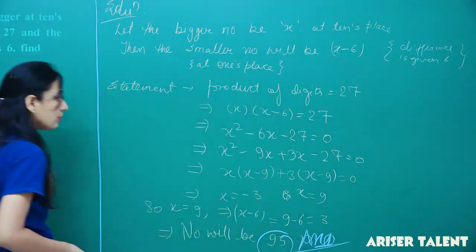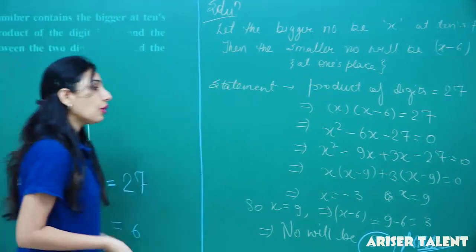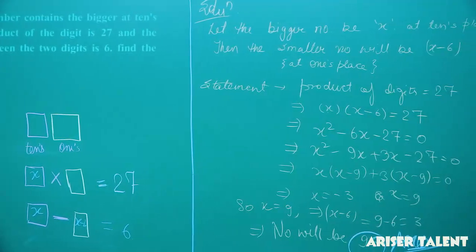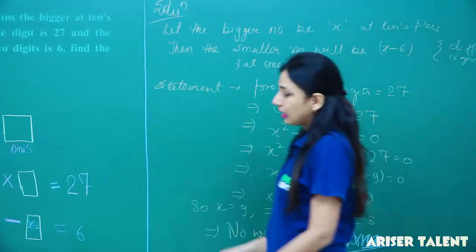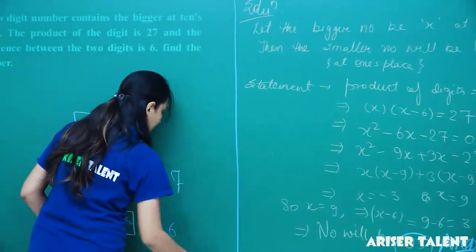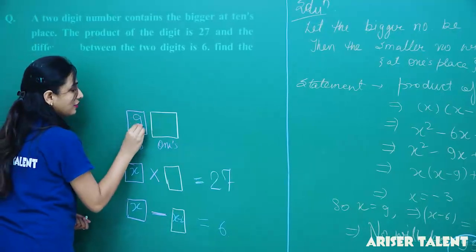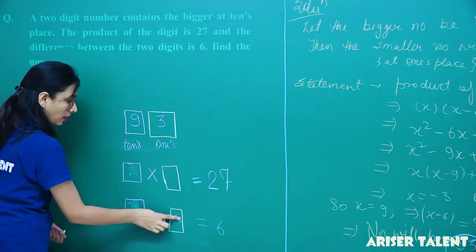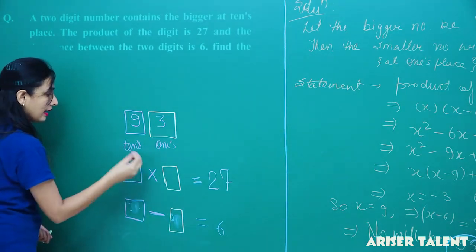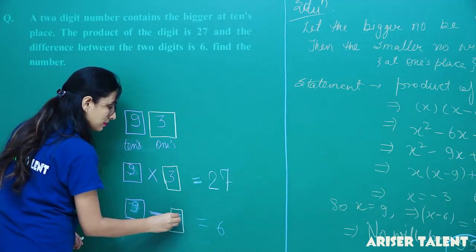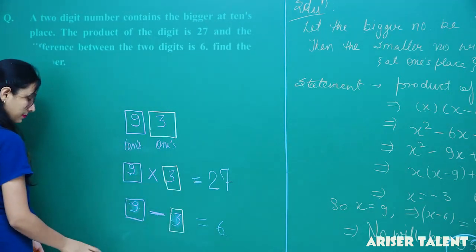So that is the solution, students, so that we can move forward to the next question. That will be 93, simply. 9 multiplied by 3 is 27, 9 minus 3 is 6.